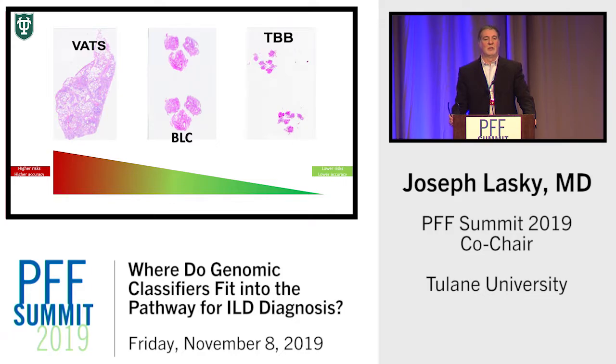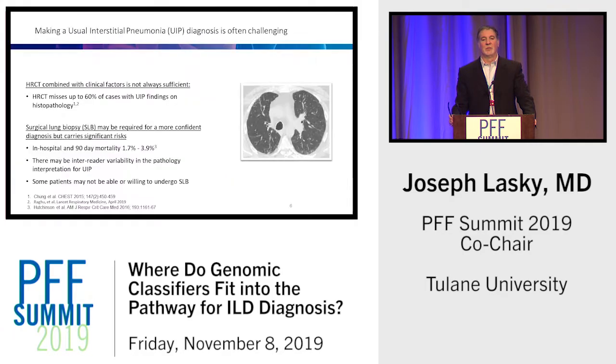But to your left, with the VATS biopsy, you have a higher risk but a higher accuracy, and with the transbronchial biopsy, less so. And it still then, in the end, is very challenging at many places, including ours, to make a diagnosis of idiopathic pulmonary fibrosis. And here are some of the key points: HRCT misses 60% of cases with UIP if you're just going by that definite pathology.